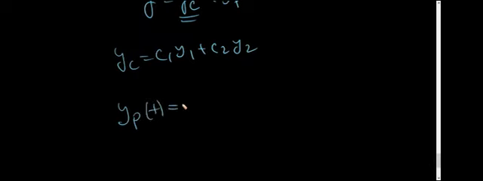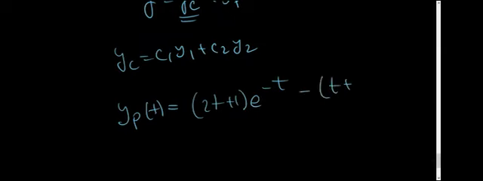The particular solution will be just the thing we evaluated over here, that is (2t plus 1) e to the power minus t minus (t plus 1) e to the power minus t.